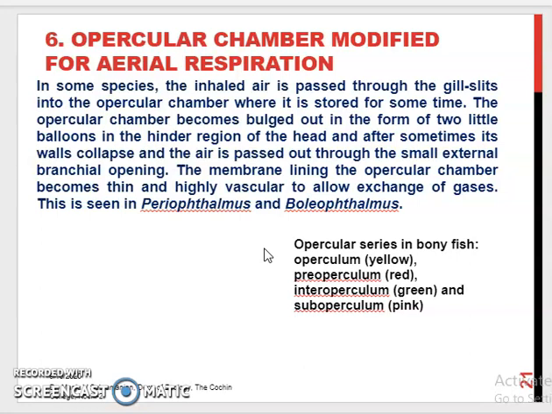Sometimes the walls collapse and the air is passed through the small external branchial opening, and the membrane lining of the opercular chamber becomes thin and highly muscular to allow the exchange of gases. This type of modification is seen in fishes like Periophthalmus and Boleophthalmus.